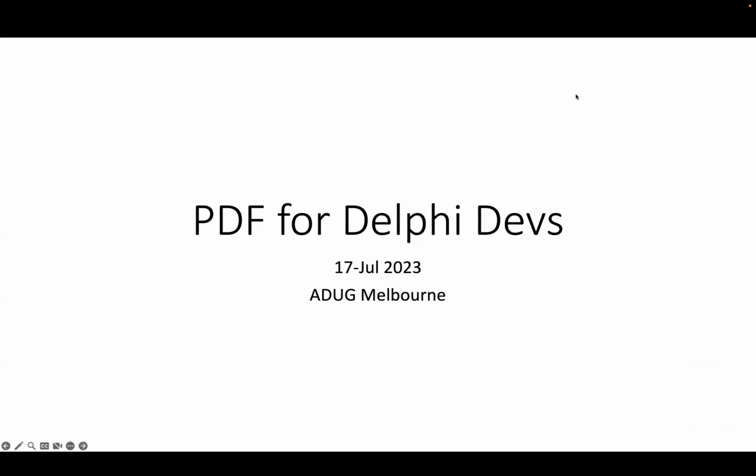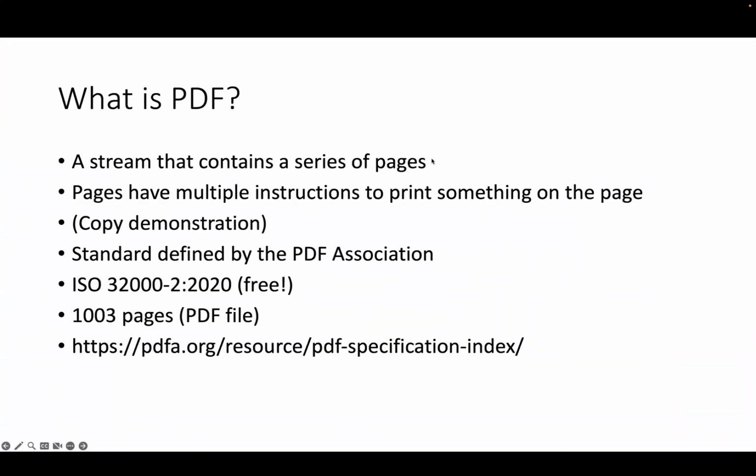PDF. Okay, all right. So a PDF, I mean, we all get PDFs all the time. You can't sneeze without getting a PDF. It's a stream, which is usually a file that contains a series of pages. It's like an object format, and then it's compressed.